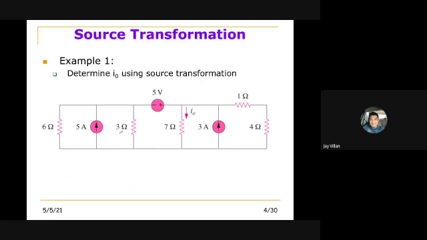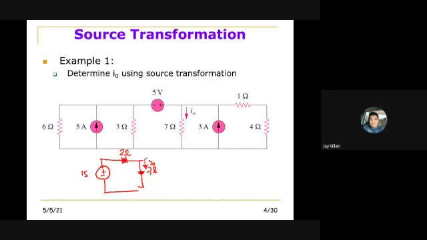Okay? So what we now have here is a 15-volt source connected in series with your 2 ohm resistance. Okay? And then we have here your 7 ohms where IO passes.